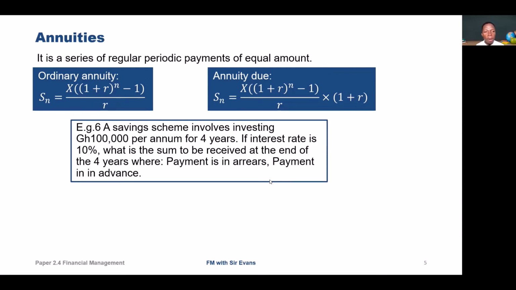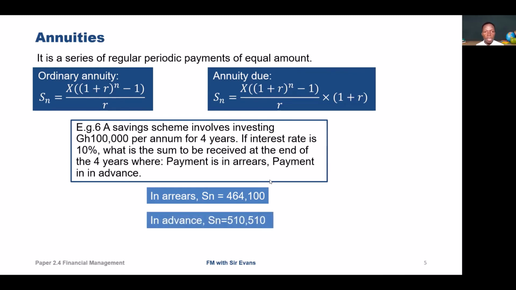And then our R, as we see in the question, is 10%. Our number of periods is 4 years. So when you put that in the formula, for those paid in arrears, that's ordinary annuity, we have 464,100. And if it is paid in advance, that's annuity due, we have 510,510.